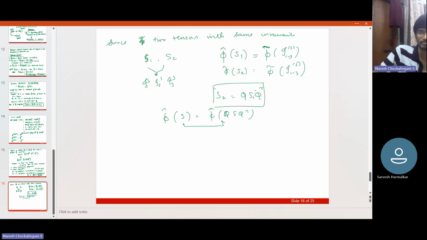Therefore, if the function depends only on the invariants, then it is isotropic.